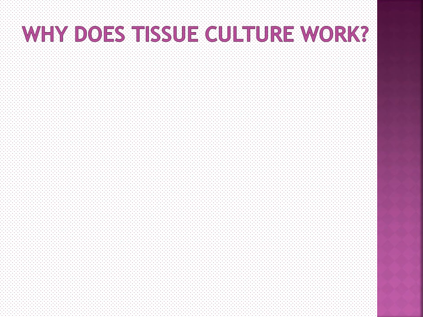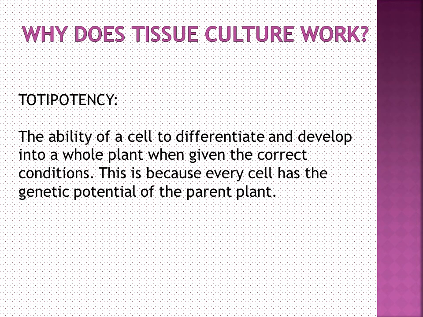Next, a very important question: why does tissue culture work? It's because of the ability of totipotency. What is totipotency? The ability of a cell to differentiate and develop into a whole plant when given the correct conditions.